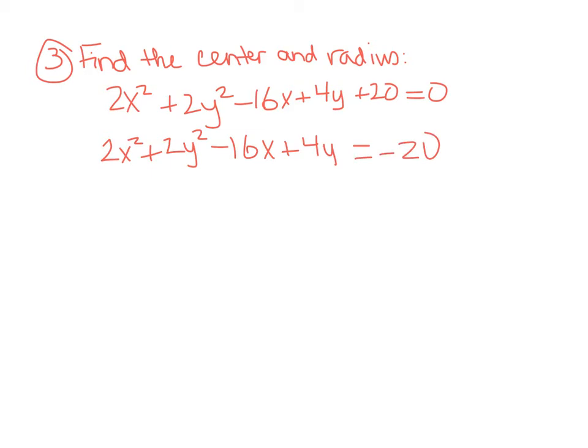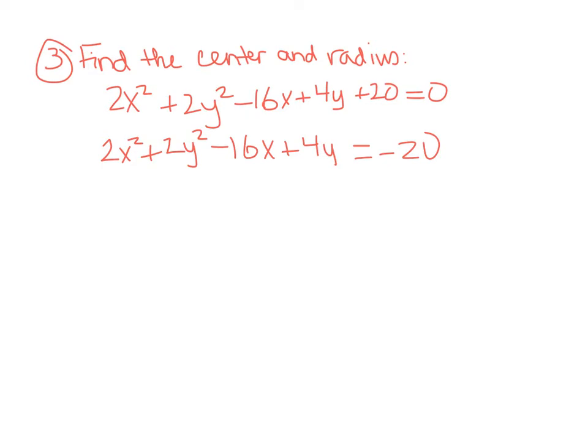Next thing I'm going to do is get rid of the coefficients in front of my x squared and my y squared. Now, you might have done stuff before with completing the square where you had to factor that out. With circles, however, you always will have the same number in front of the x squared as the y squared. It's just the nature of the way that circles are.